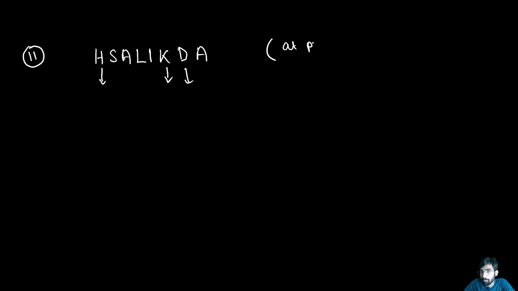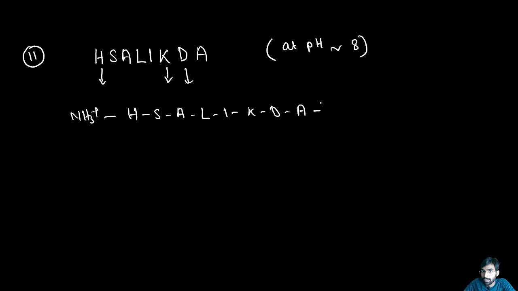Suppose at pH, I am telling you at pH 8, what will happen? So step 1, first write down the possibly charged amino acids you have identified. Step 2, we have to write down the NH3 positive and then H S A L I K D A and then COOH. But as the pH is 8, then what will happen?